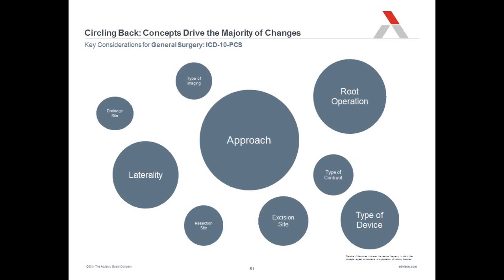The same is true for ICD-10 PCS or procedural code sets. If you can remember to document the approach, root operation, laterality, type of device, excision site, any type of imaging or contrast, focusing your documentation on these concepts will help make sure that you are able to provide the coding professionals with all of the documentation that they will need to code your procedure accurately.